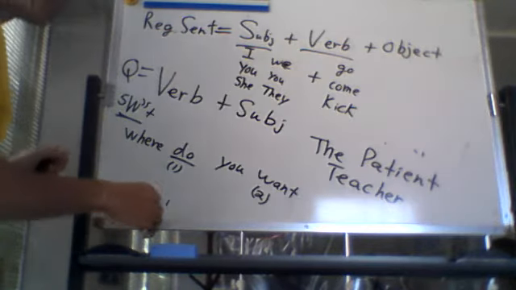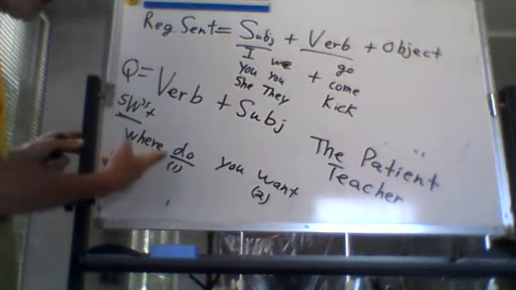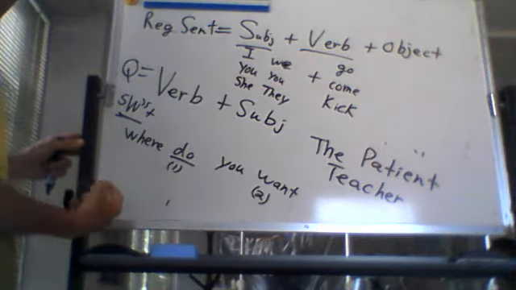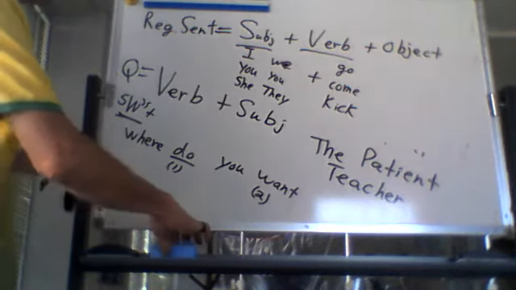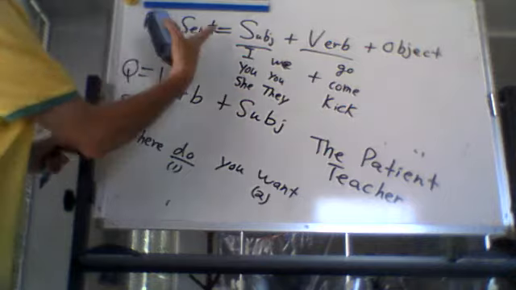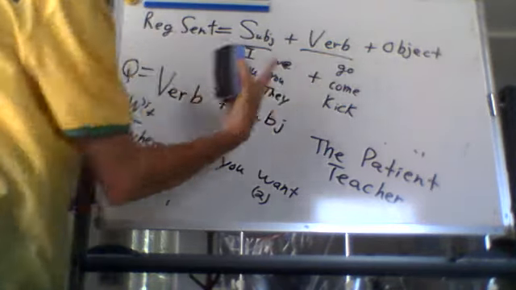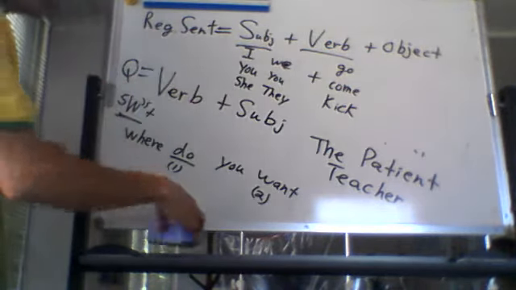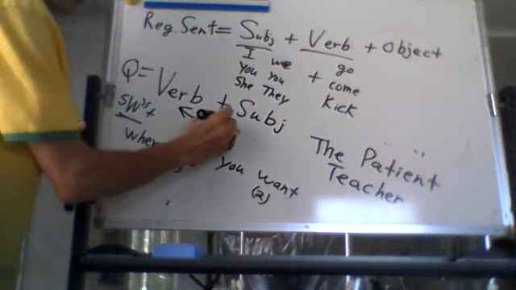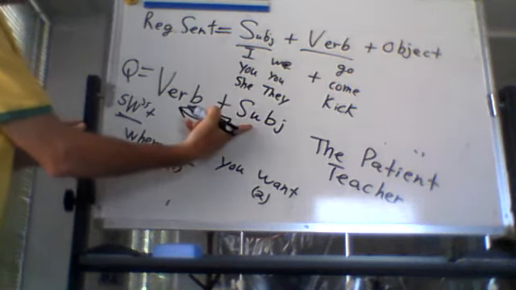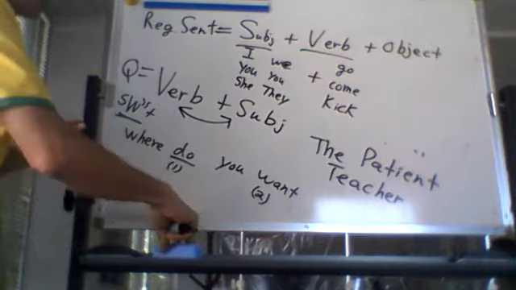Okay? So when you have 2, then you're going to have 2 verbs. Okay? So remember, regular sentence, subject, verb, object. Question, reverse the order, verb, subject. Okay?